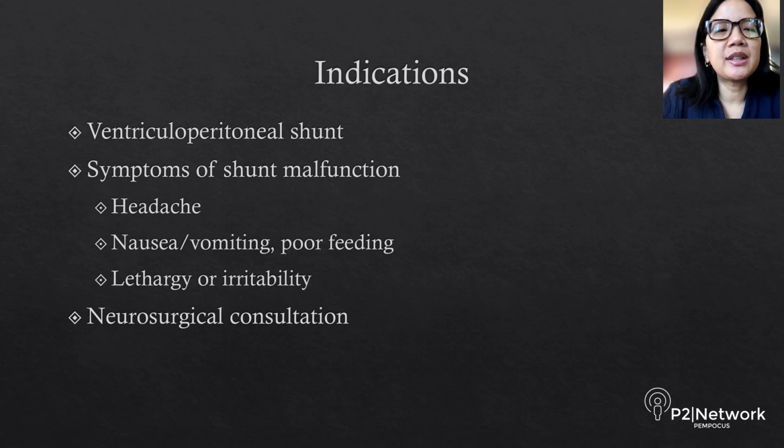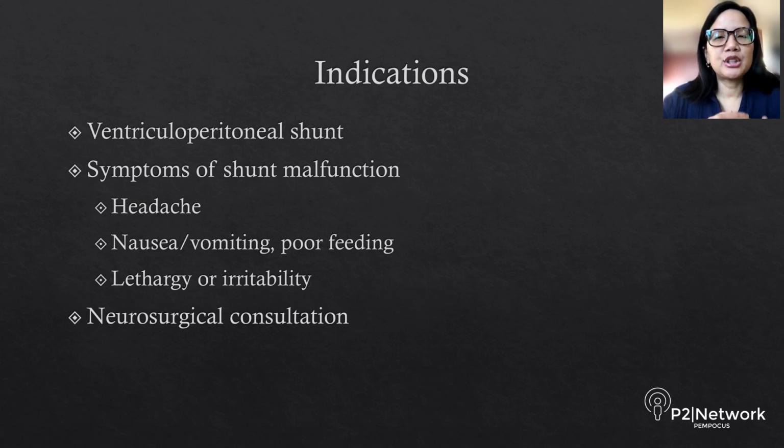So when should you consider this application? You should consider this in pediatric patients who have a VP shunt who are presenting to the ED for possible shunt malfunction. Again, their symptoms can be very nonspecific: nausea, vomiting, poor feeding, lethargy, irritability.